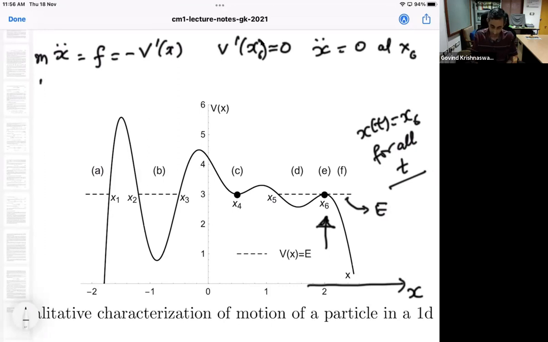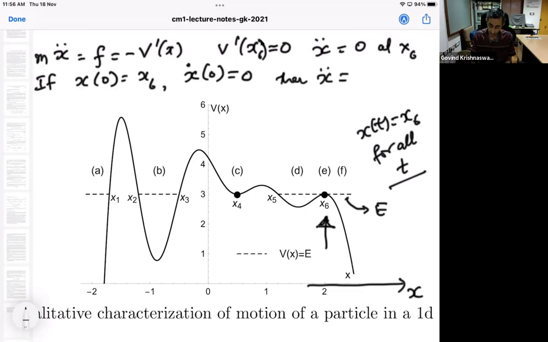If we start the particle at time 0 at x6 with the initial velocity x dot at time 0 also 0, then x double dot identically equal to 0 is a solution of the equation of motion, because the right-hand side would remain 0 for all time and the left-hand side is also 0.